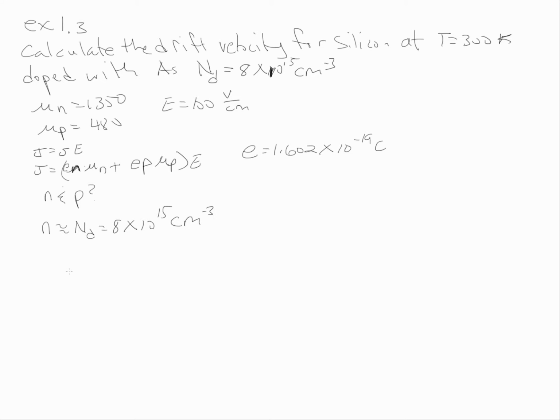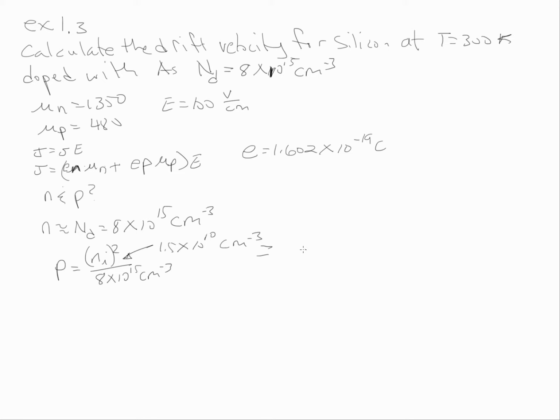Then we're given 300 Kelvin, so p is going to equal ni squared, the intrinsic concentration, over 8 times 10 to the 15th per cubic centimeter. And we know from previously working this out that this is 1.5 times 10 to the 10th centimeters to the minus 3.